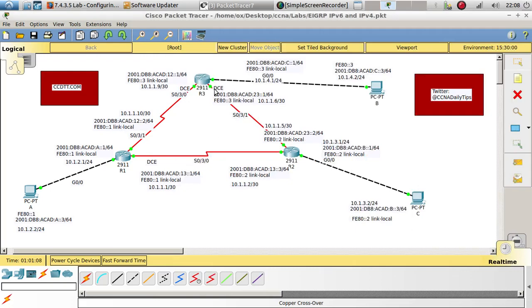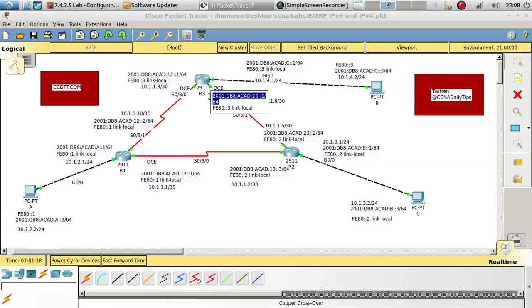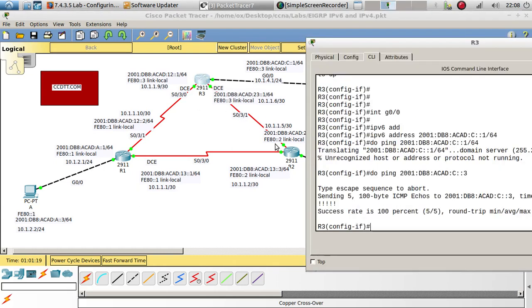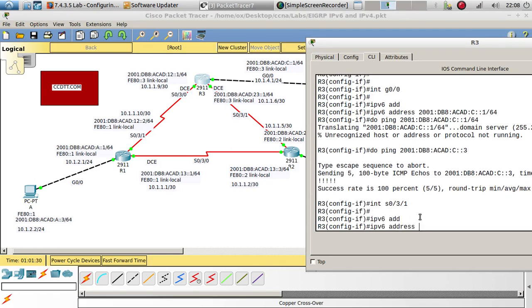Now this one is a DCE, so let's go ahead and configure that DCE for 0/0 link 031. We have to first configure this IPv6 on that interface. So 0.0.3.1, IPv6 address.